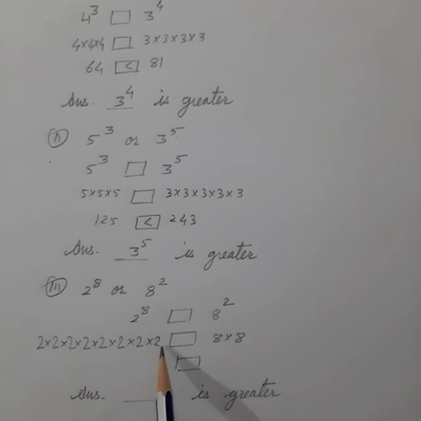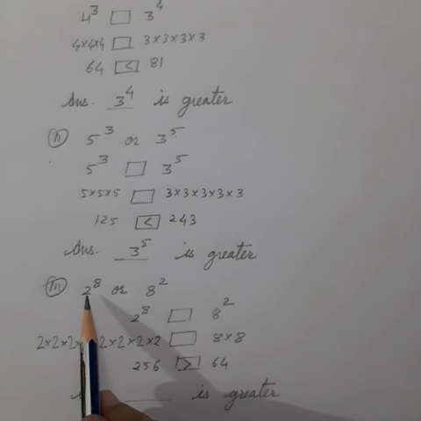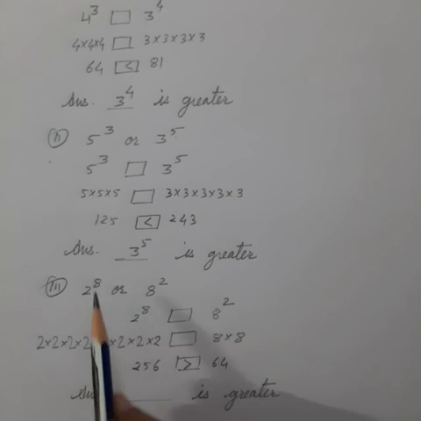The value of this multiplication we get 256 and 8 8s are 64. 256 is greater than 64 and this is the value of exponential notation 2 raised to the power 8. So 2 raised to the power 8 is greater.